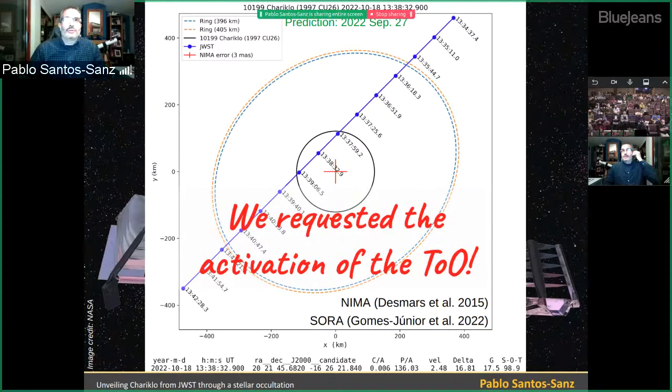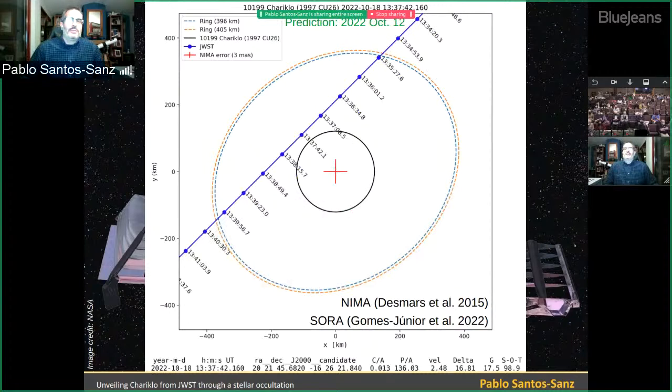Of course, we continued updating the maps and the predictions. When we updated on October 12, we saw that due to the station keeping maneuver, the trajectory of James Webb moved to the north. This means that in this case we would only detect the rings of Chariklo.